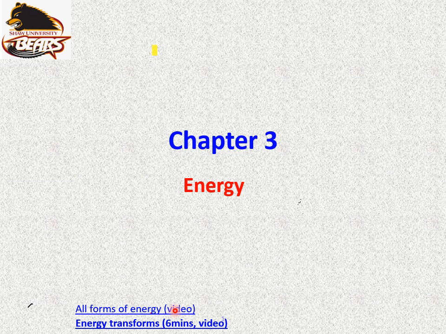There are also nuclear energy and potential energy. They're all forms of energy. I try not to take too much video space, so I encourage you, or actually require you, to watch these two videos if you have this file, on the different forms of energy.